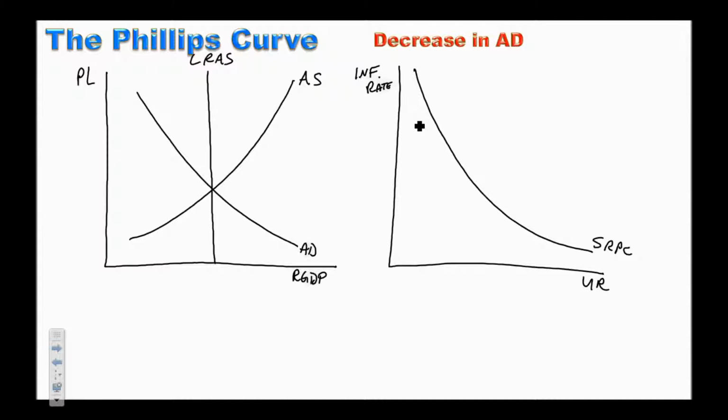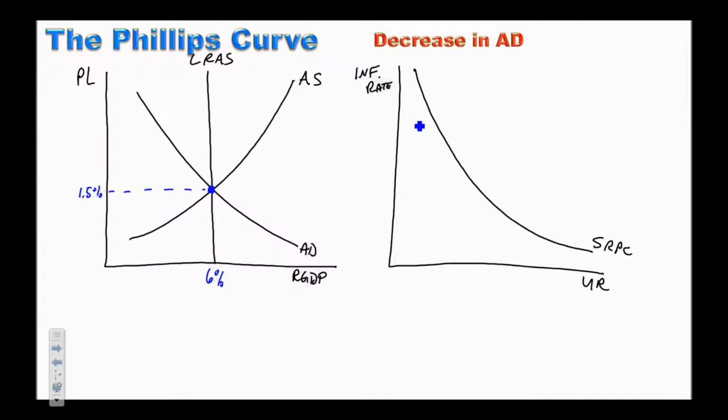Okay? Now, here's where it gets somewhat interesting. Okay? Here is our current equilibrium over here. And we'll say this is our current unemployment rate, which corresponds to a full employment level of GDP. And so we'll go ahead and put our price level over here. It involves 1.5% inflation.